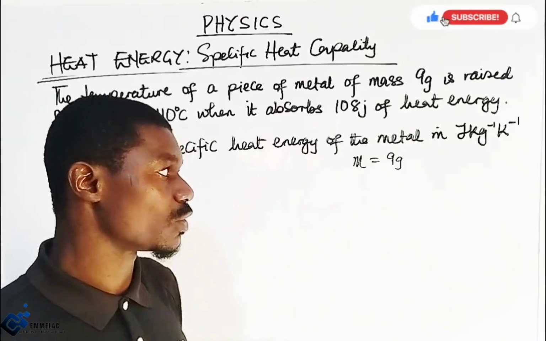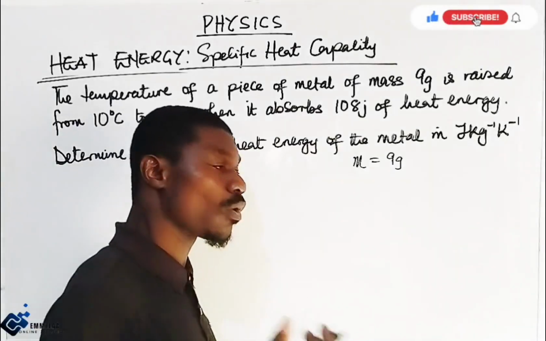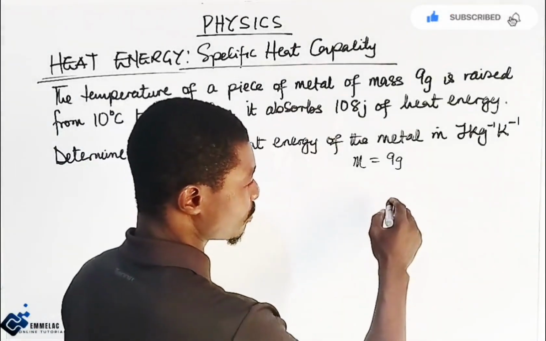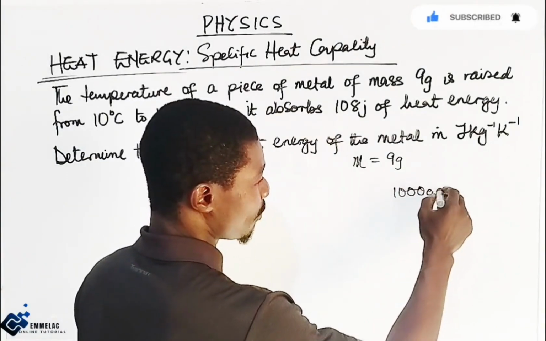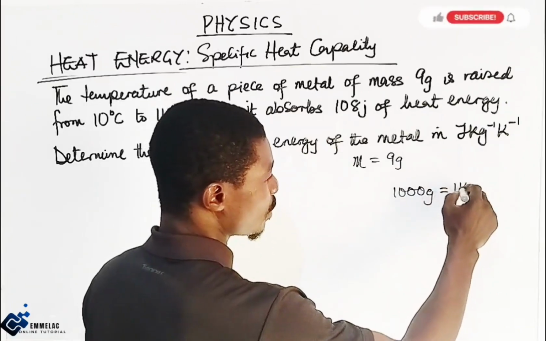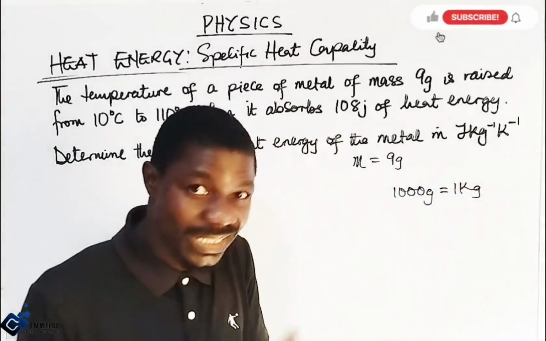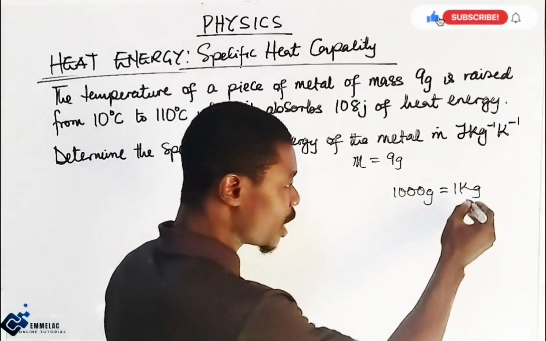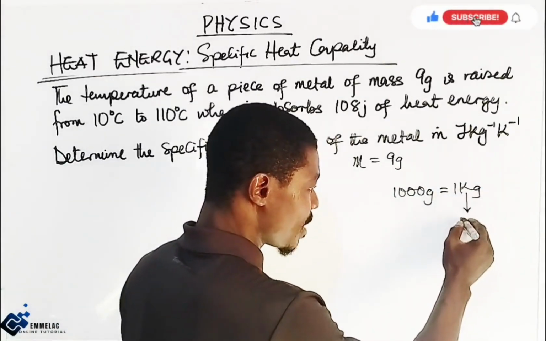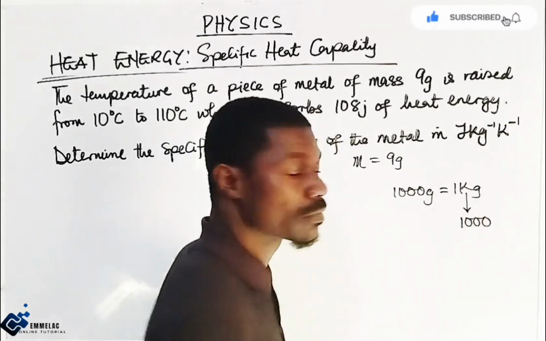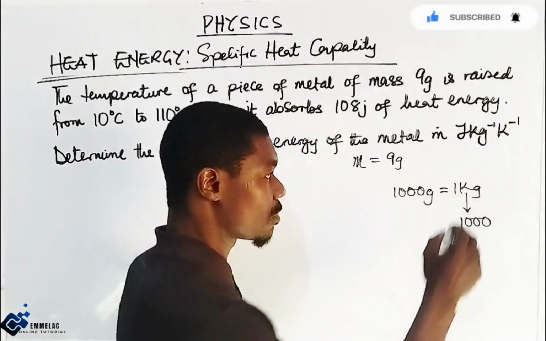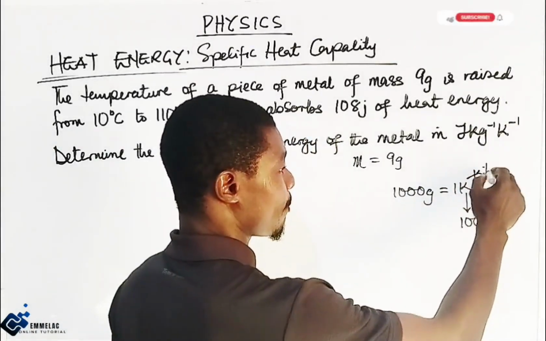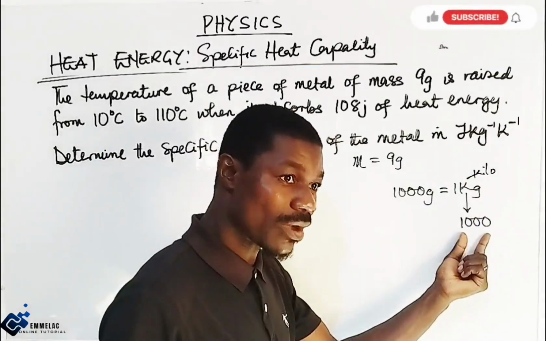Now how do we convert this to kilogram? First of all, let us recall that 1000 grams gives you 1 kilogram. In essence, always just remember that kilo means 1000.